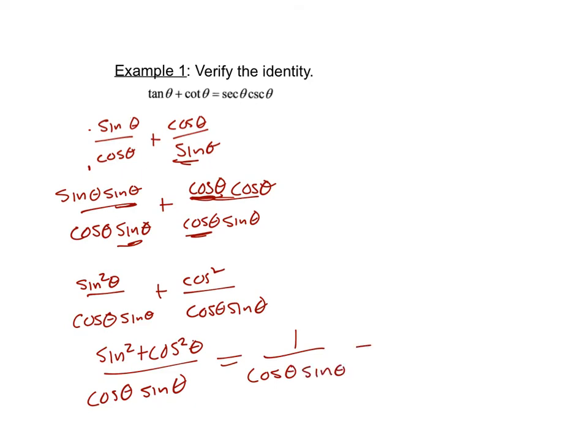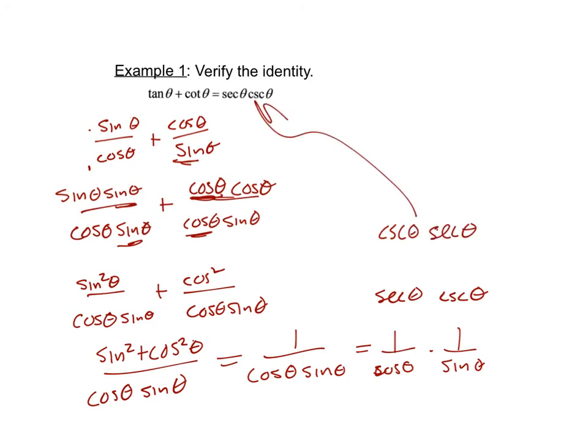And then I can split those into 1 over cosine times 1 over sine, which written another way would be secant theta cosecant theta. And all I would have to do is flip those around to get my identity. Okay, a few more steps, and you have to be kind of clever there, but it's still very doable.